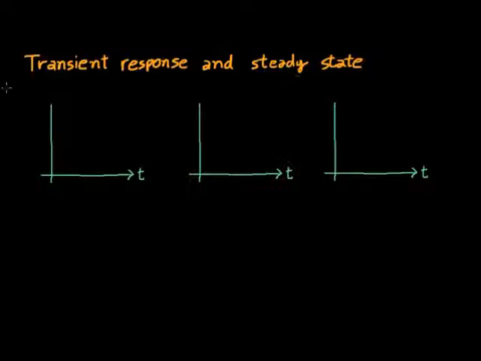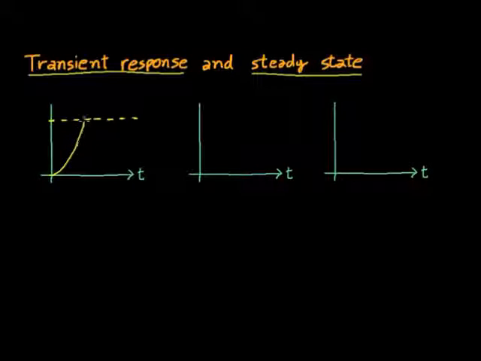The time response of a system to any input can be divided into two contributions: the transient response and the steady state. So, for example, if we have the output of a system, the response to a certain input, function y of t, this signal is the result of adding up two different signals.